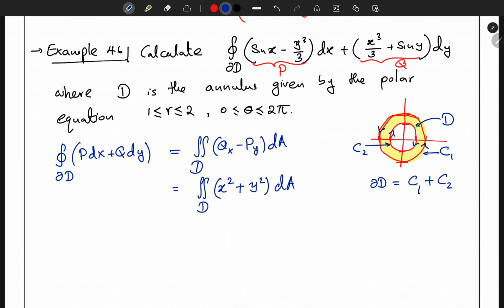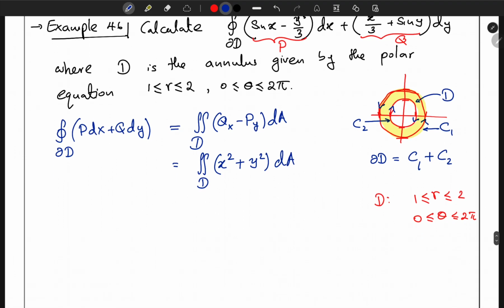Now the region is given in polar form, where r is in between 1 and 2, theta in between 0 and 2 pi. So let's convert this integral into a polar integral. r from 1 to 2, theta from 0 to 2 pi. x squared plus y squared is r squared. dA is r d theta dr. Yeah, now we can evaluate the integral.